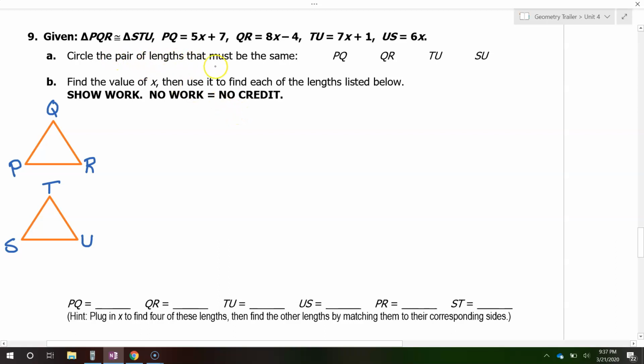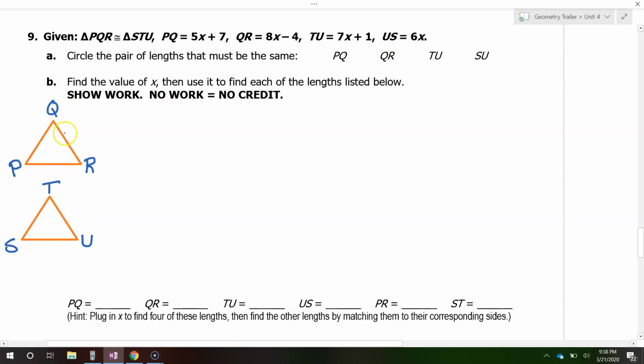Circle the pair of lengths that must be the same. Okay, so PQ, I know that PQ must be the same as ST. So PQ, do I see an ST? No. Okay, QR.